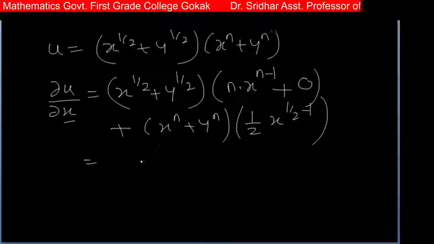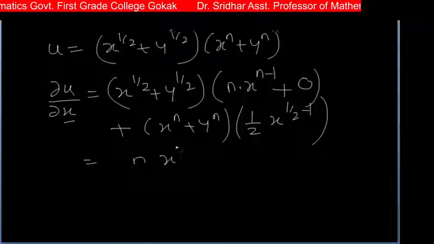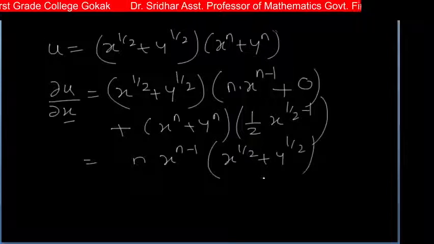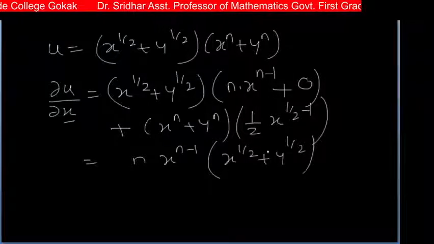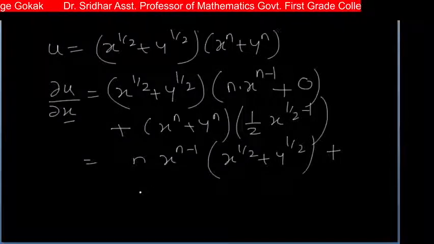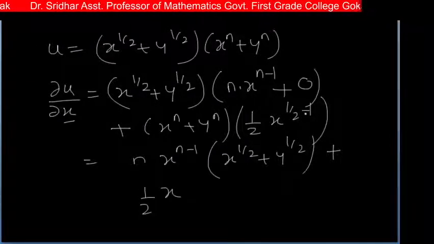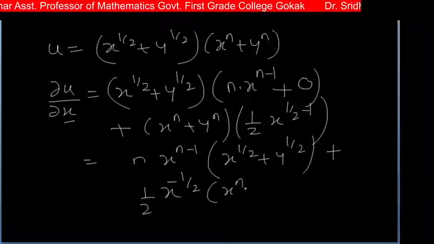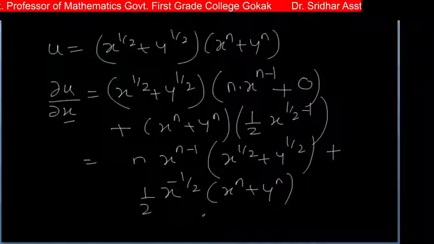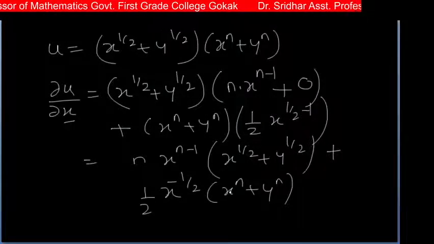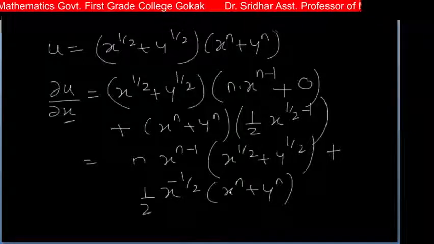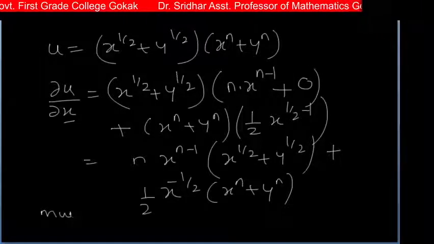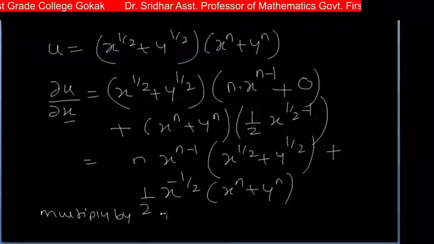So I simplify this: n into x raised to n minus 1 into bracket x raised to 1 by 2 plus y raised to 1 by 2, then plus 1 by 2 x raised to 1 by 2 minus 1, which is minus 1 by 2, into bracket x raised to n plus y raised to n. Now multiply with x on both sides.